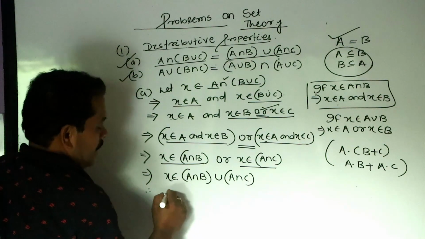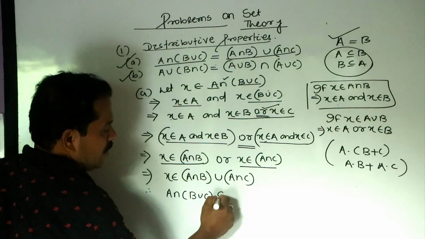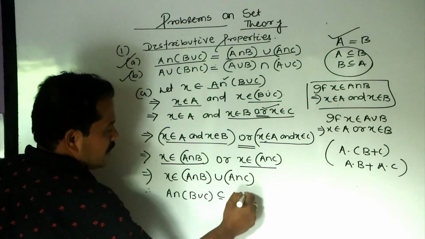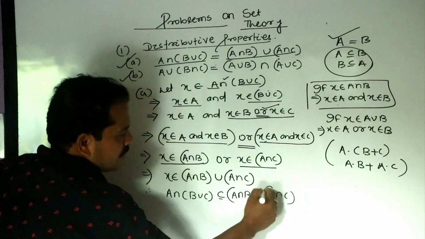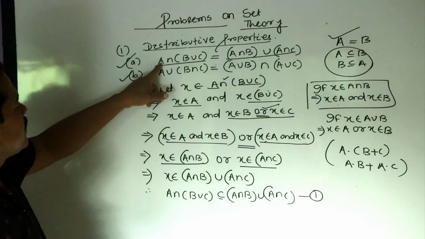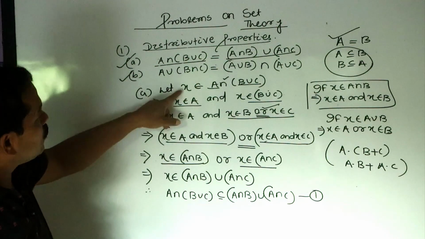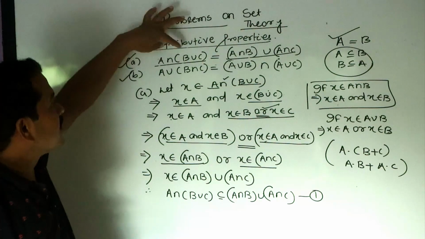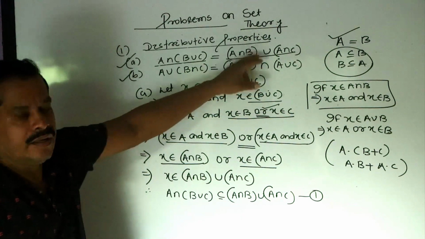Hence A intersection (B union C) is a subset of (A intersection B) union (A intersection C). This is the first case. We took x from this set and proved that this x is also an element of this set, meaning every element of this set is an element of this set.